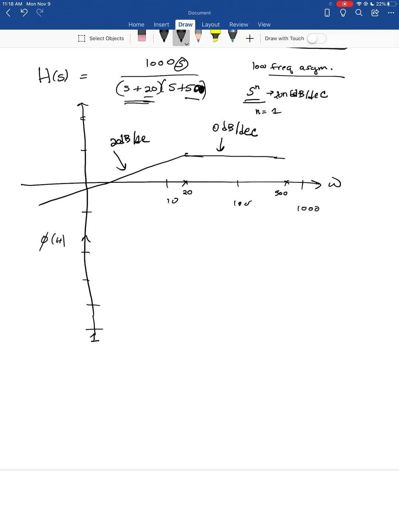And then for 500 and greater, I'll subtract another 20 dB per decade, because that is another pole. So each successive pole subtracts 20 dB per decade. So you can see here what I have is actually a bandpass filter.